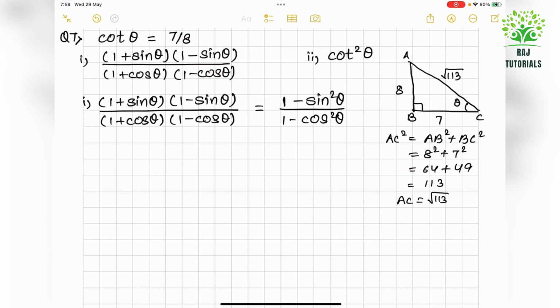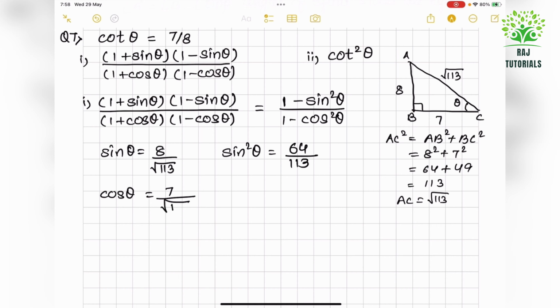Now if I find sin theta and cos theta, sin theta will be 8 upon root 113. So sin square theta will be 64 by 113 because squaring both the sides, and cos theta equal to 7 by root 113. So cos square theta will be 49 upon 113. So now I have to put the values in 1 minus sin square theta upon 1 minus cos square theta.